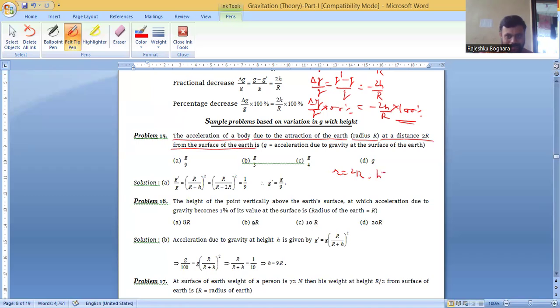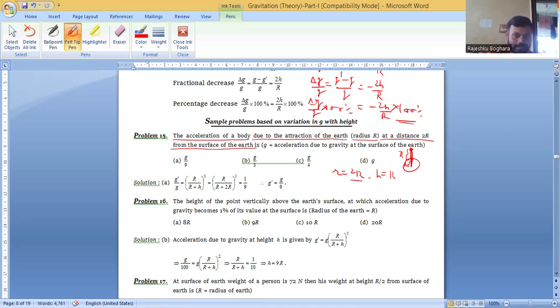From the figure, this is the r, this is the 2r, so this is r also, this is r also. यहाँ पर find करना है. तो here take h equal to 2r.